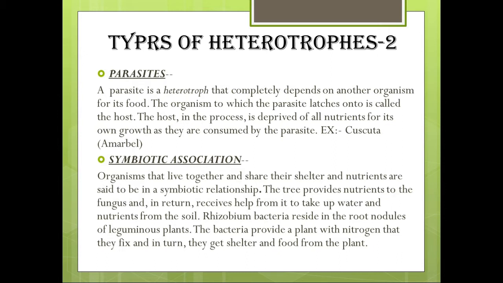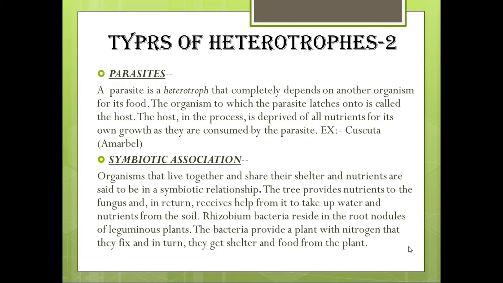Next is parasitic. Parasitic is a heterotrophic mode in which the organism is completely dependent on the other for food. An example is cuscuta, which is also called amarbel, and it grows on other plants, the host plant, and gets the nutrition from it, and it generally damages the other plant. Next is symbiotic association.